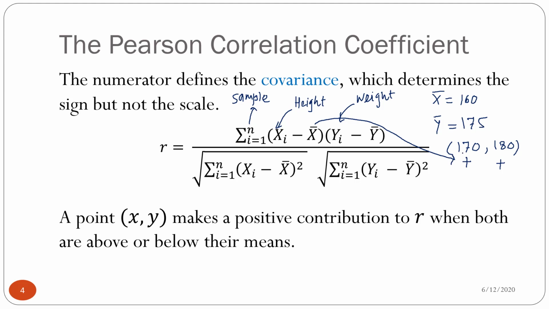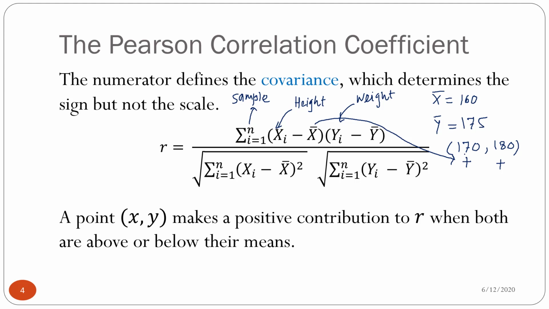Because xi is 170 and your x bar is 160. And similarly, this term would be positive because your yi is 180 whereas y bar is 175. So the first sample is giving the indication that your xi as well as yi are on the higher side of the corresponding means.